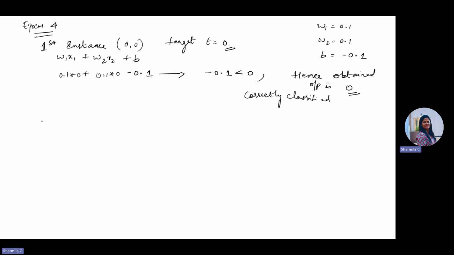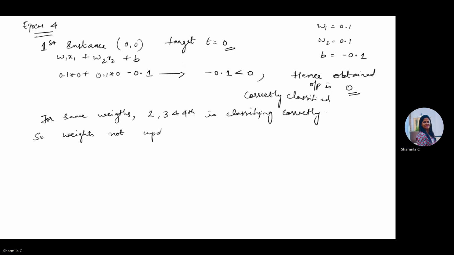So directly, for the same weights, the second, third, and fourth are classifying correctly. So the weights are not updated.